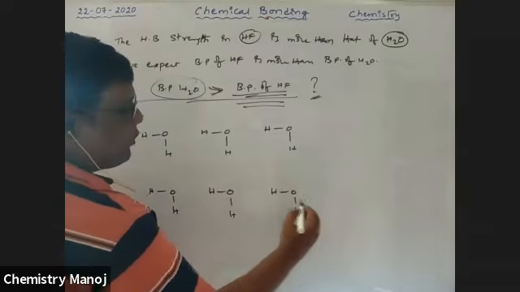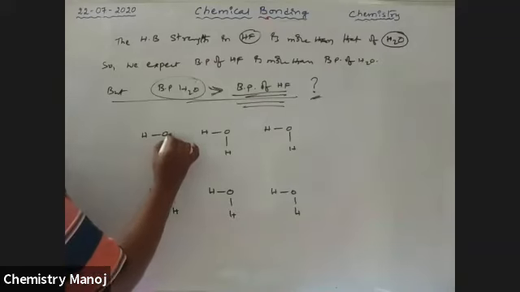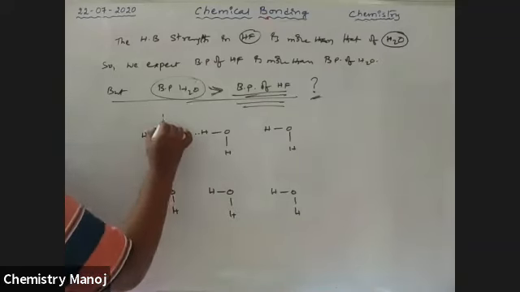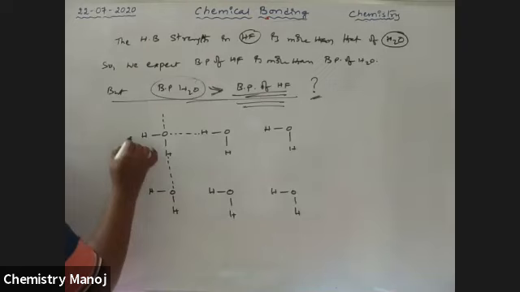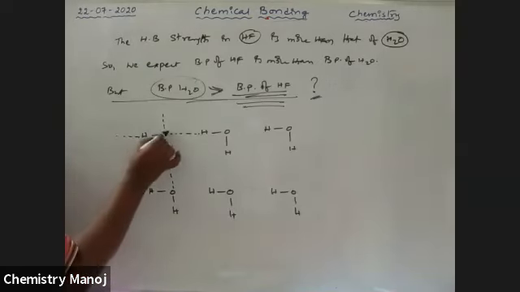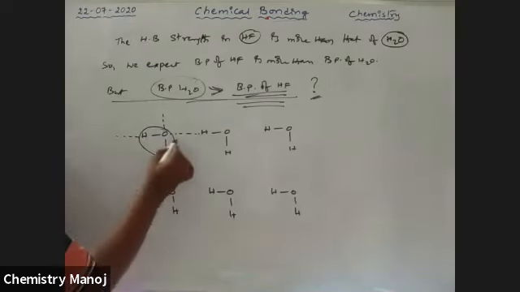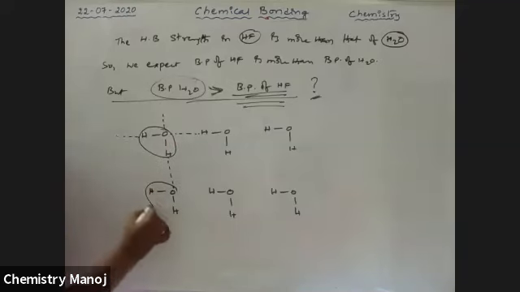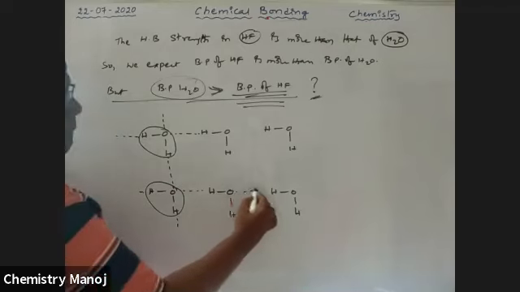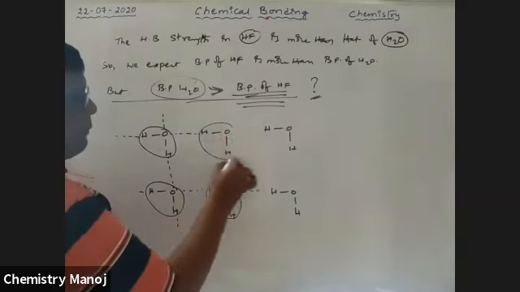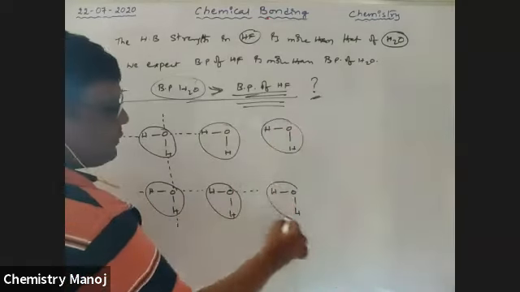Each water molecule is surrounded by 4 hydrogen bonds. This is one water molecule, this also with this one. So like this, each water molecule, on average, has 4 ends. These are the water molecules.